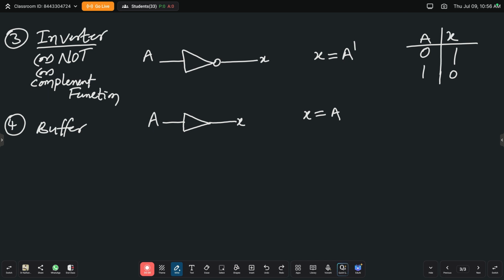Got it? You know the meaning of buffering. Sometimes you want to wait on a particular operation because it is already engaged by some other operation. If you do not wait, what will happen? Maybe that instruction may be cancelled. I don't want to cancel the instructions of the end user.